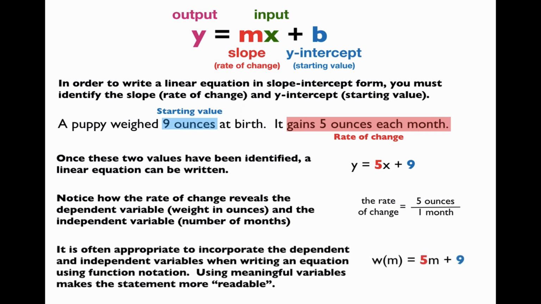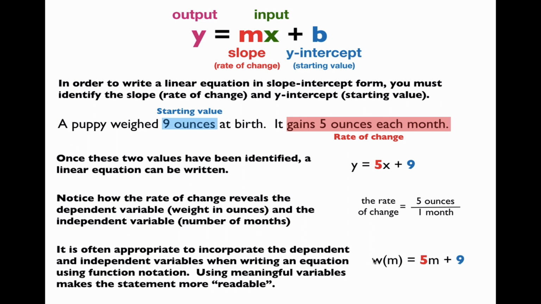All right, so why do we care about this? Because it's often appropriate to incorporate the dependent and independent variables when writing an equation using function notation. Using meaningful variables makes the statement more readable. So rather than just using f of x or some a of b, some random letters, what we want to do is describe the relationship between the independent and dependent variables.